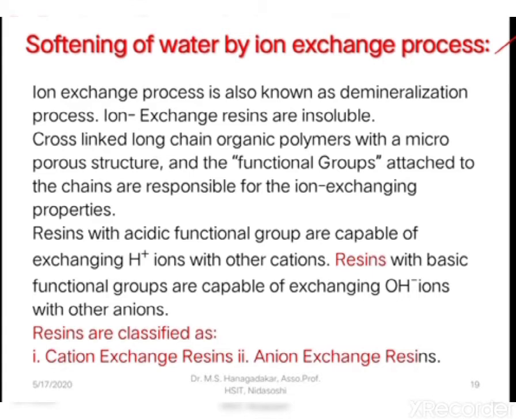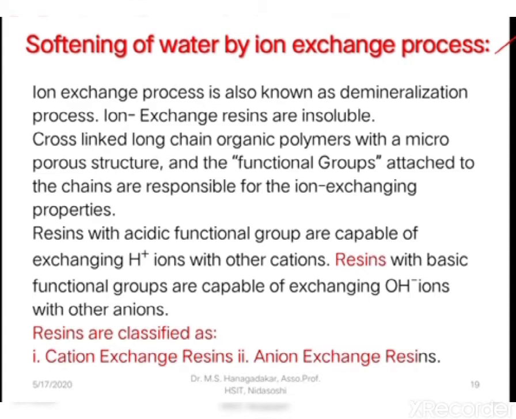As you know, water contains hardness because of the presence of soluble salts of calcium and magnesium. If you use hard water for industrial processes, there is a formation of scale and sludge.